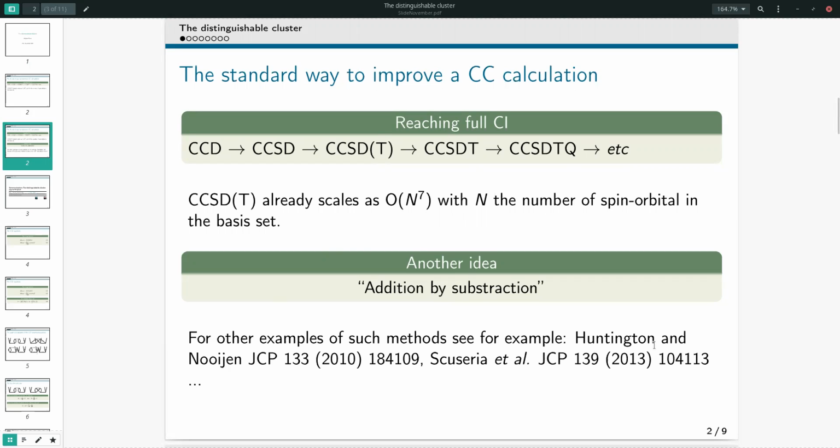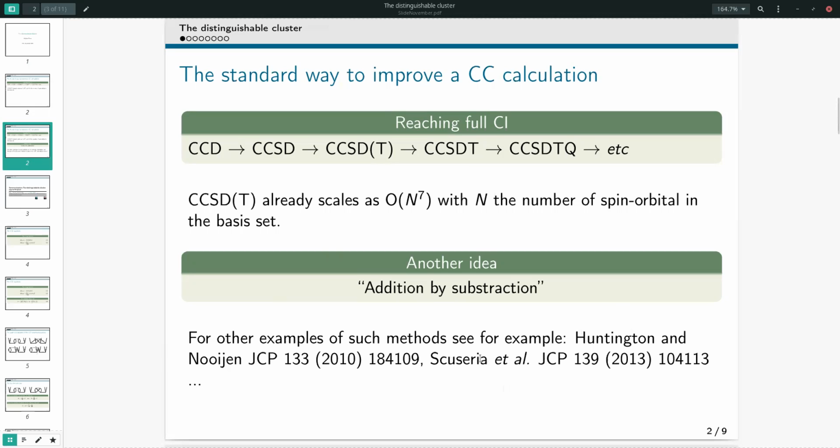There are some examples in those papers. For example, the parameterized CCSD by Huntington and Nooijen, or Scuseria et al. use the ring CCD or ladder CCD, and there is a correspondence with RPA.